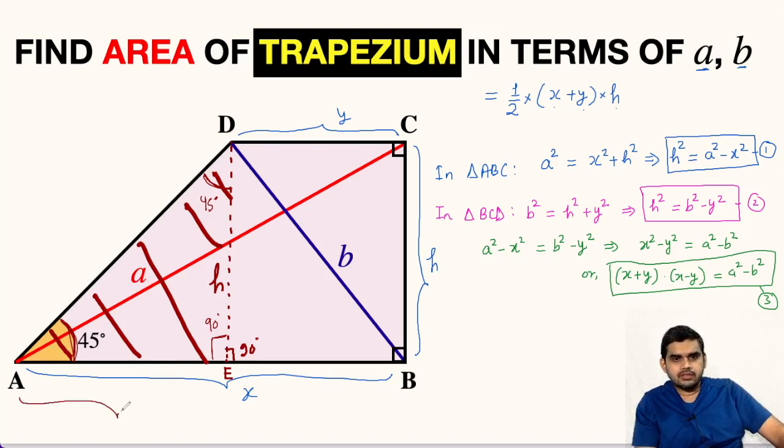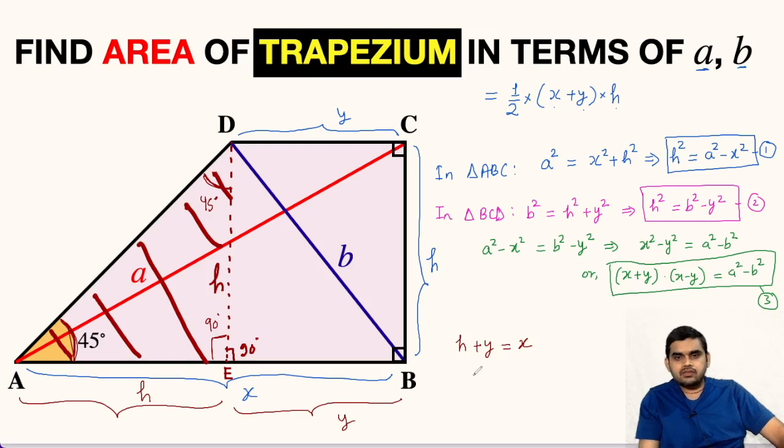So this distance AE will also be h. Also, BE will be equal to CD. So this distance will be y. So we can write h plus y equals x, because x was the entire length AB. So from here we can write h is equal to x minus y.